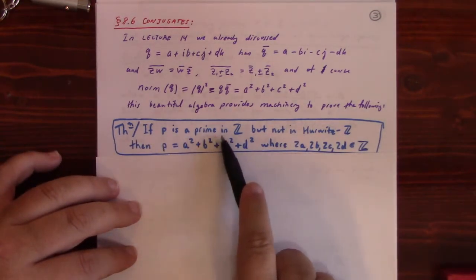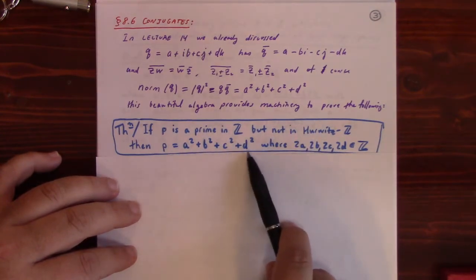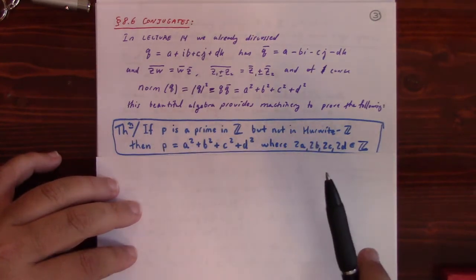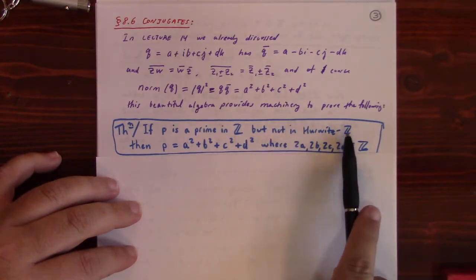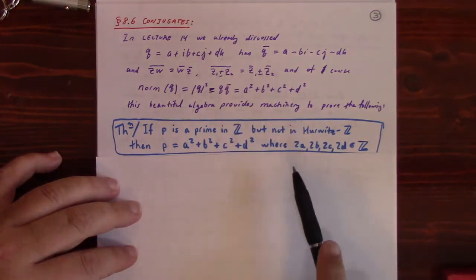If p is a prime in the integers, but not in the Hurwitz integers, then p is the sum of 4 squares. This is much akin to the result we had in the Gaussian integers, which said that p is a prime in the integers, but not in the Gaussian integers if p is equal to a squared plus b squared, right? But, ooh, a little bit more.